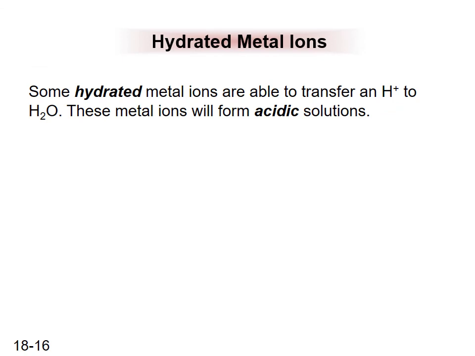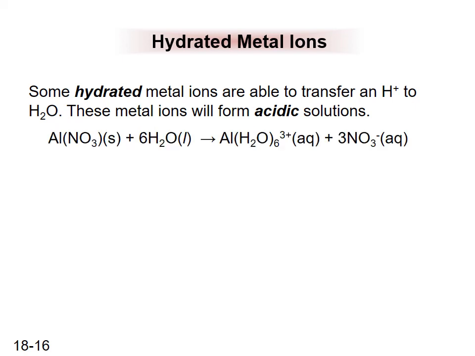Some hydrated metal ions are able to transfer a proton to a water molecule. These metal ions will form acidic solutions. For example, in aluminum nitrate, the aluminum ion attracts 6 water molecules to form an aluminum-water complex. In this complex, aluminum is a small but highly charged ion, aluminum 3+.